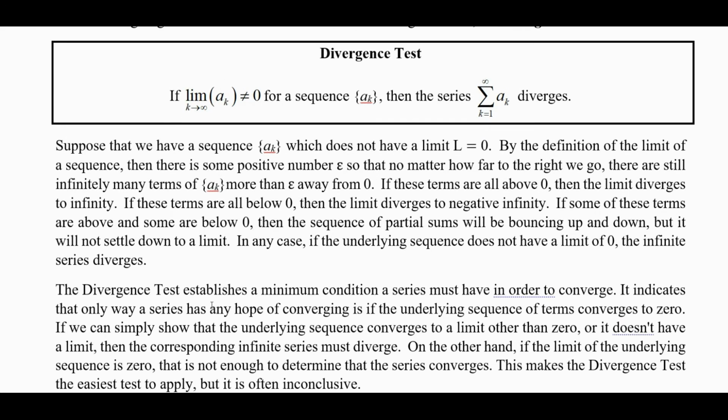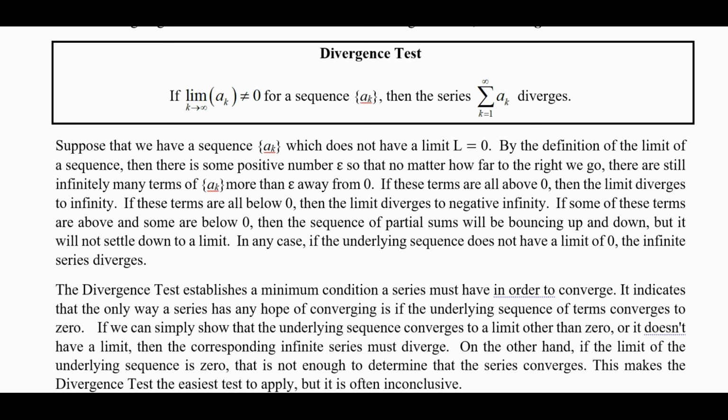It indicates that the only way a series has any hope of converging is if the underlying sequence of terms converges to 0. If we can simply show that the underlying sequence converges to a limit other than 0, or it doesn't even have a limit, then the corresponding infinite series must diverge.